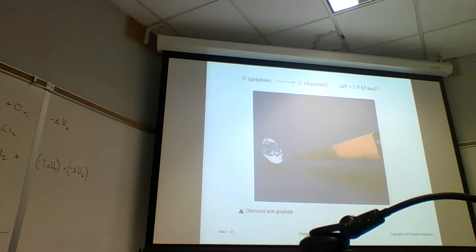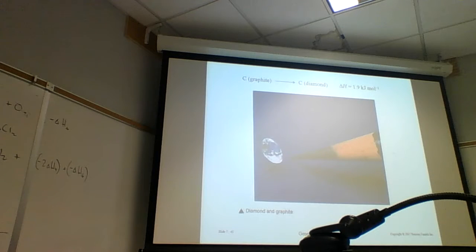So all I have to do is get some graphite, like that pencil lead there, and add 1.9 kilojoules. That is so easy. Boy, I can make diamonds so easily. 1.9 kilojoules is nothing.